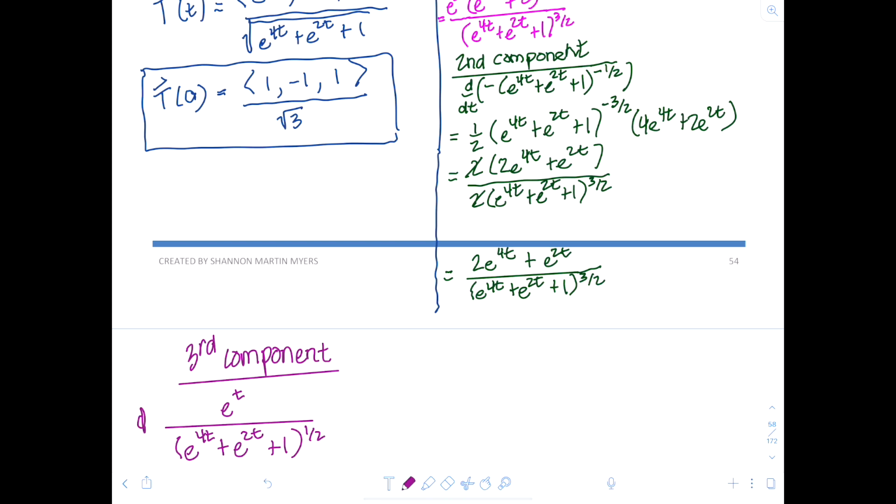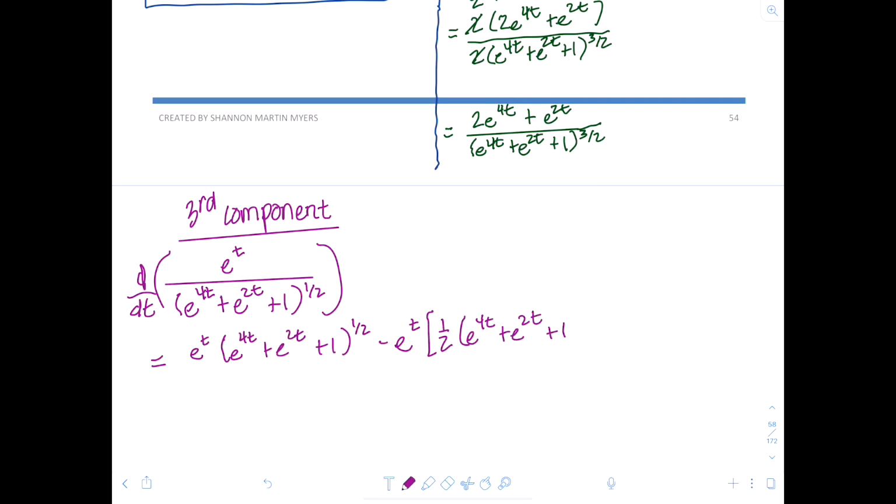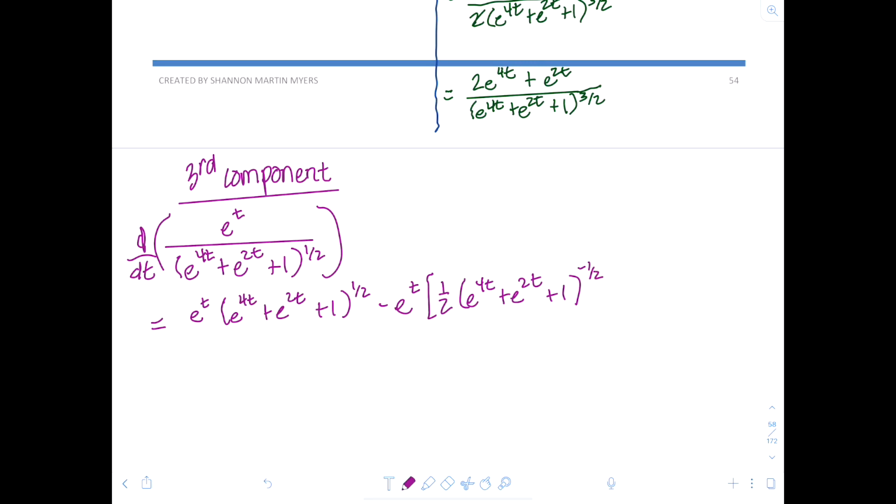And again, we need to differentiate with respect to t. Okay, so that's going to end up being, sorry, my hand's getting tired, e to the t times e to the 4t plus e to the 2t plus 1 raised to the 1/2 minus e to the t times 1/2 e to the 4t plus e to the 2t plus 1 raised to the negative 1/2.